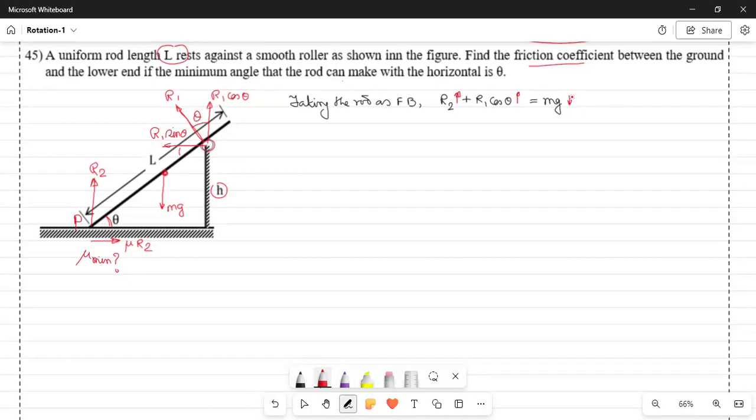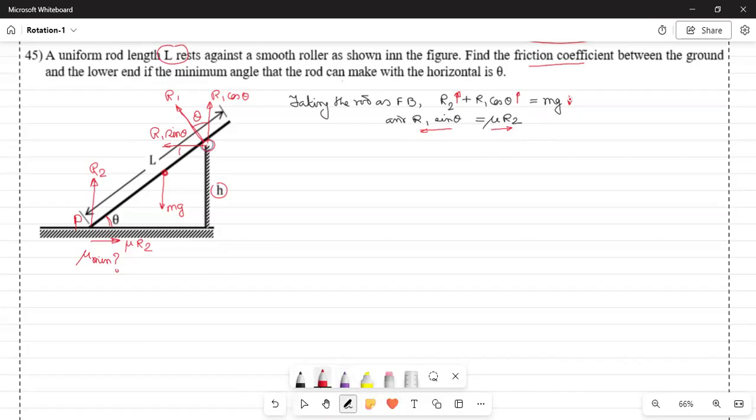And when we equate the horizontal forces, R1 sin theta is towards the left, and it will be equal to the force towards the right, mu R2. So like earlier, mu R2 is towards right, R1 sin theta is towards left. See, only vertical and horizontal forces have been equated to maintain the equilibrium.